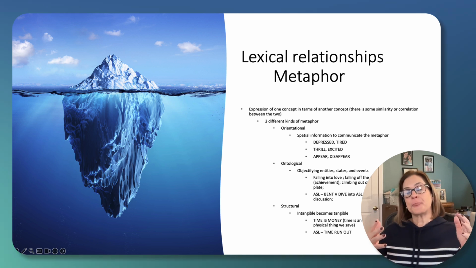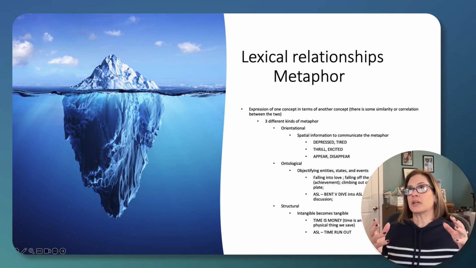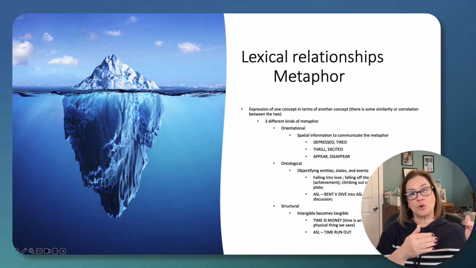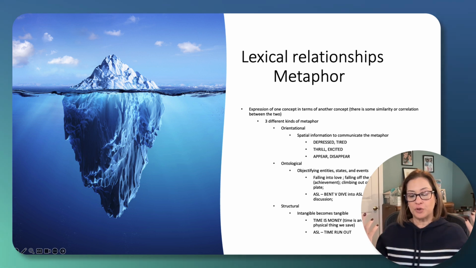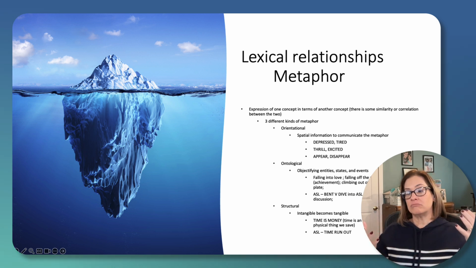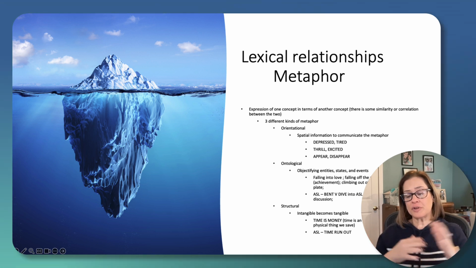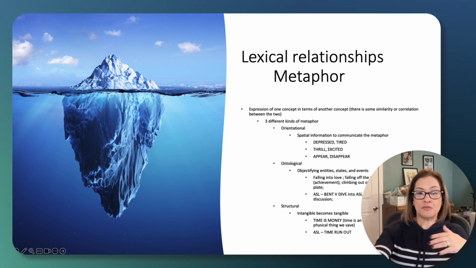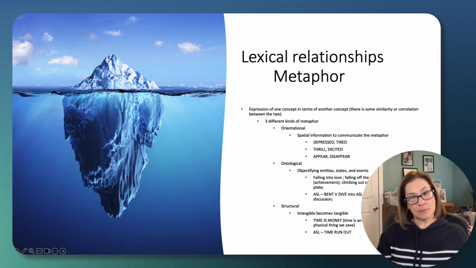So in English, we would have those other kinds of metaphorical nuances in the words. In ASL, we generally will do that in the orientation or the movement of the sign. So another example of that would be when we're indicating time, moving forward, moving backward. I always talked about before.